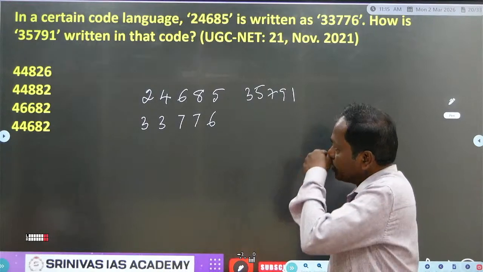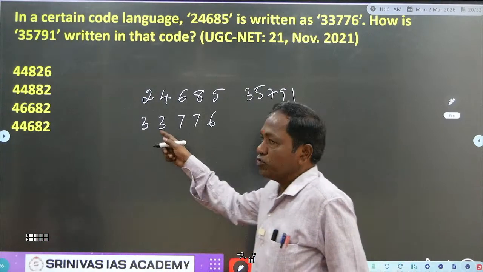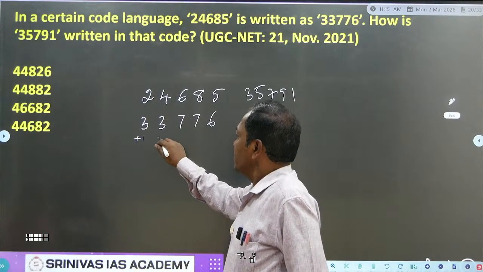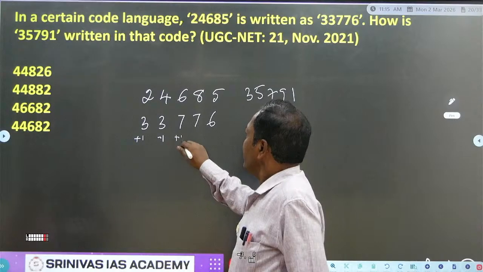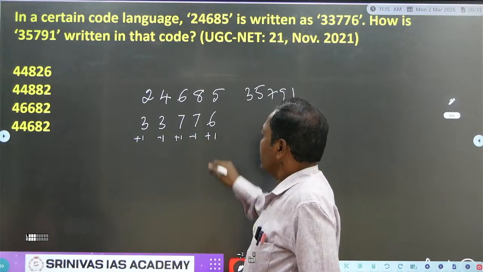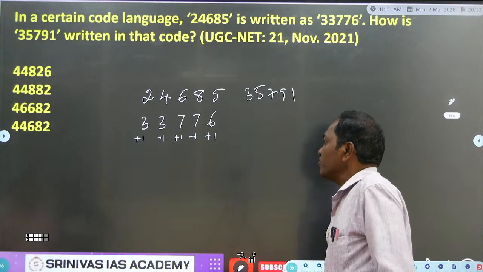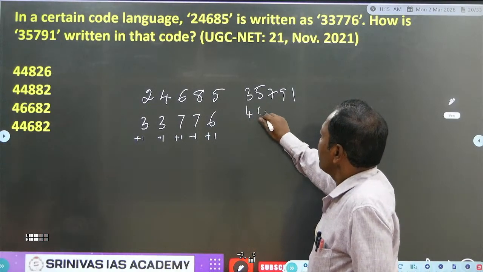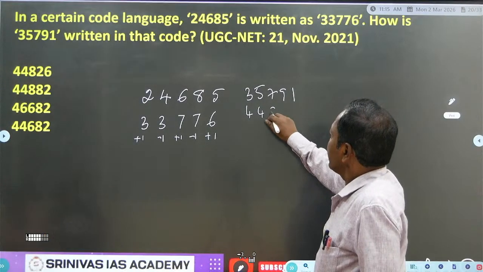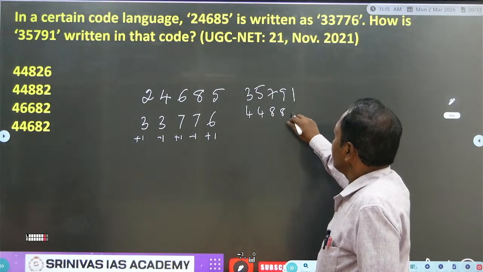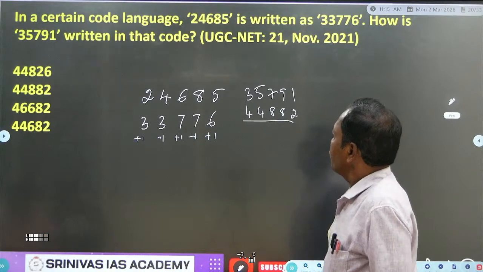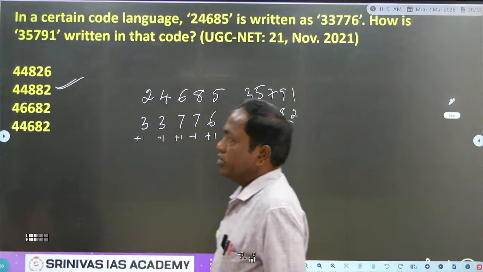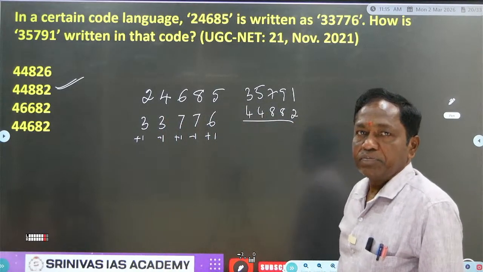So you can say the numbers are very close by. 2 is written as 3, plus 1. 4 is written as 3, minus 1. Plus 1, minus 1 is being repeated. Plus 1 gives 4, minus 1 gives 4, plus 1 gives 8, minus 1 gives 8, plus 1 gives 2. So 44882, option B.